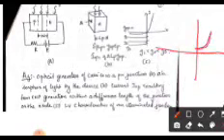Under forward bias we have an exponential curve, and under reverse bias we have a small current like this, and at breakdown this current will increase sharply, isn't it?